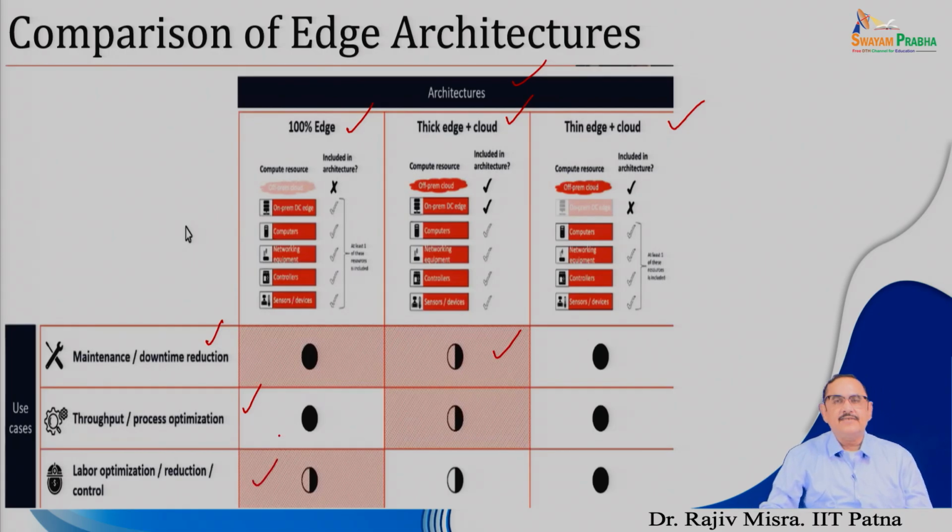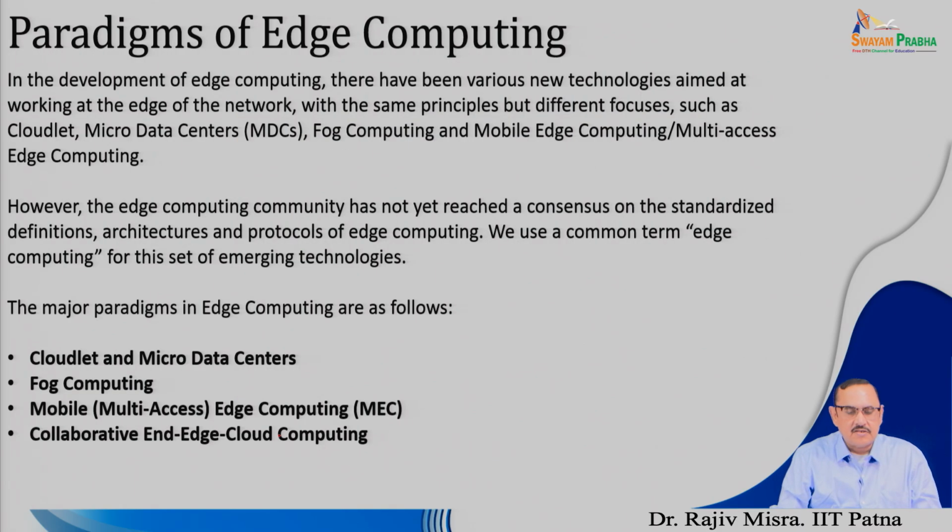So, different use cases which are using these kinds of downtime reduction, process optimization, labor optimization and reduction in control can choose one of these particular models and go along with that process.